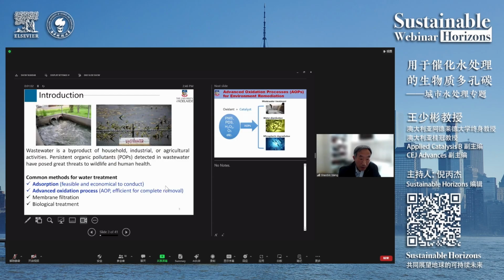So first I would like to give you a little bit of information about water. Water pollution is actually a big issue around the world. For water treatment, we can have several different types of techniques. Often we use chemical reduction, and we can also use the biochemical process, to remove the contaminants in the waters.